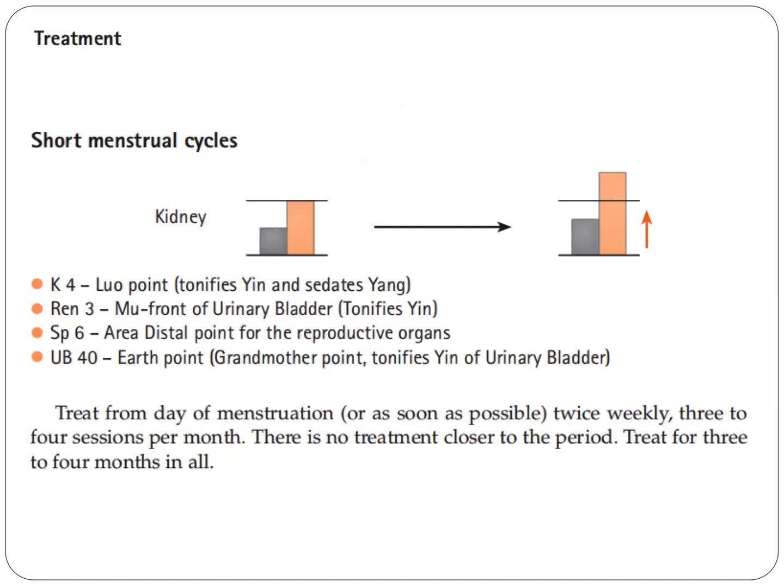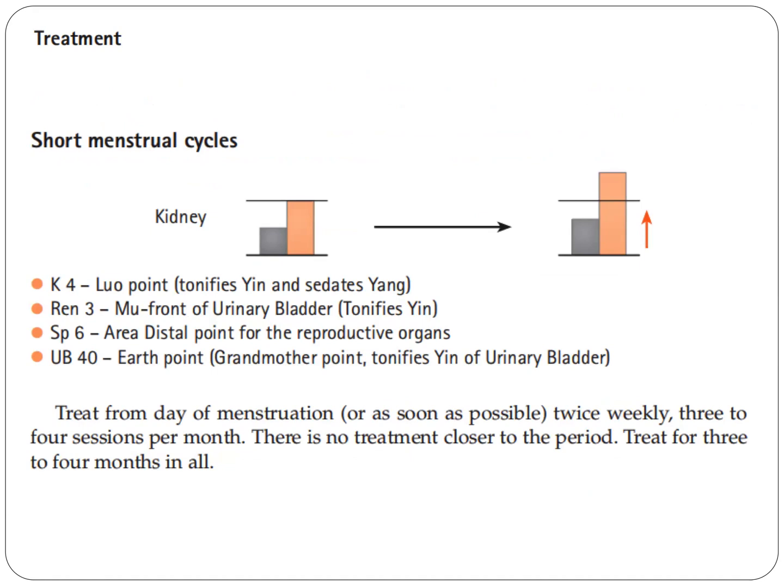Now, treatment for a short menstrual cycle. Kidney 4, the luo point, tonifies yin and sedates yang. Ren 3, the mu point of the urinary bladder, tonifies yin. Spleen 6, a distal point for the reproductive organs.